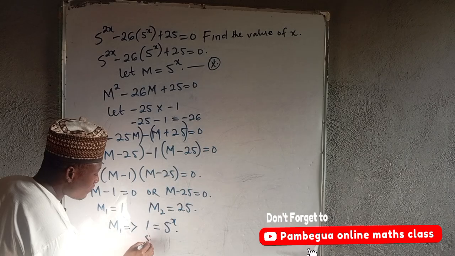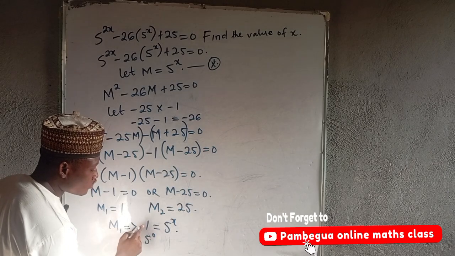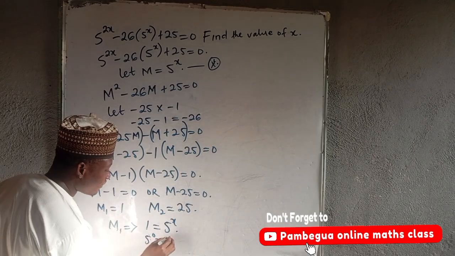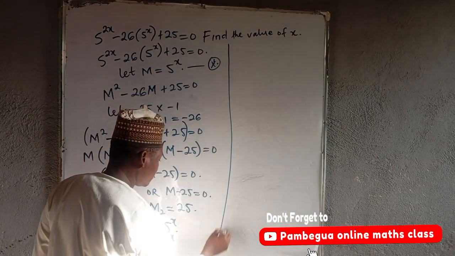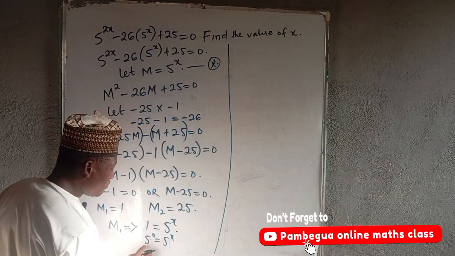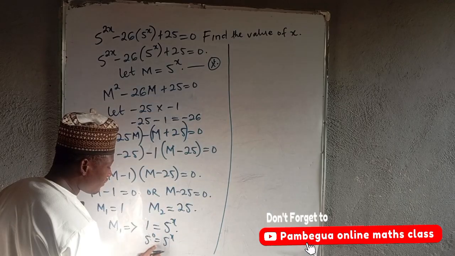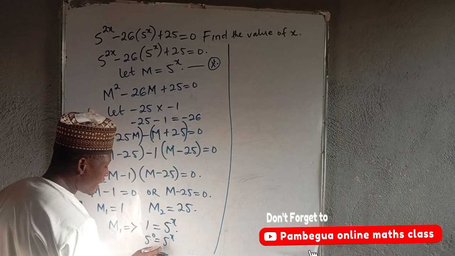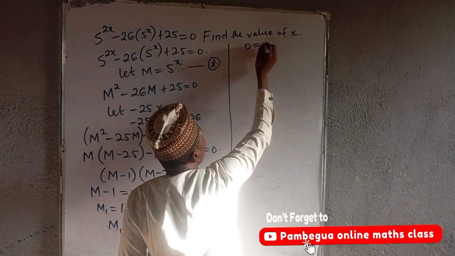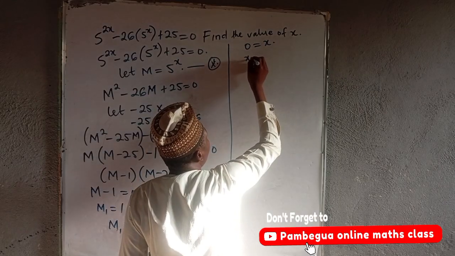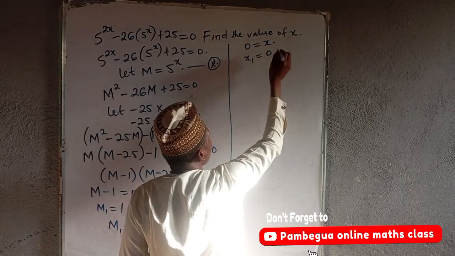By saying 5 raised to the power of 0 is 1, which equals 5 raised to the power of x. Now I have the same base, 5 and 5, so I can equate the powers by saying 0 equals x, and this implies x1 equals 0.